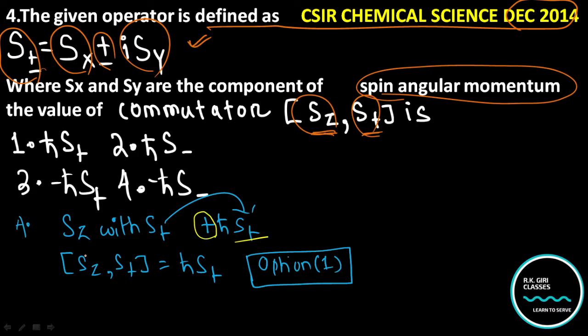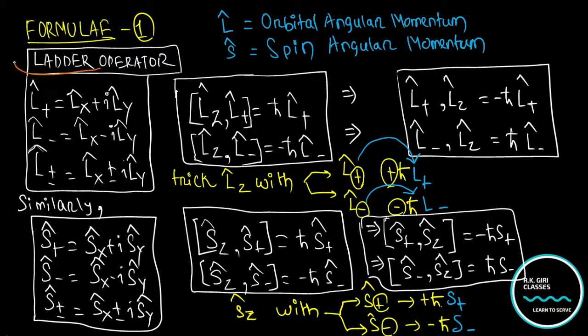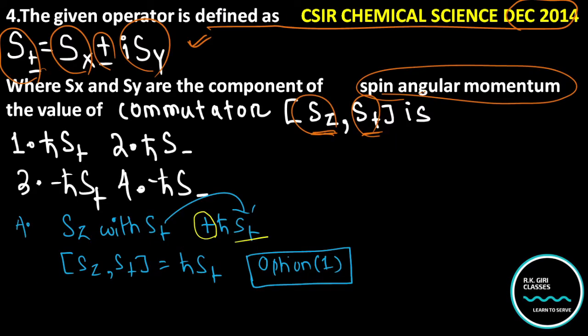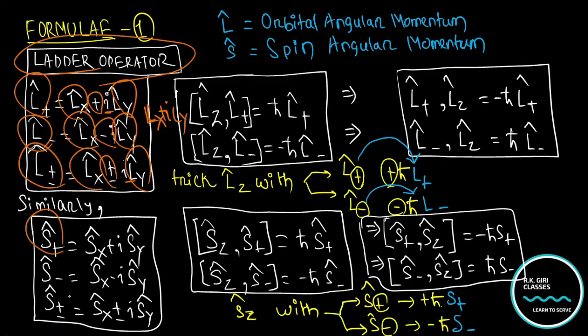Before that, just see the formula for the ladder operator, that is L plus, that is Lx plus iLy. L minus, that is Lx minus iLy. L plus minus, that is Lx plus minus iLy. That means always Lx, and i with Ly. Similarly for this one, your spin angular momentum, right?